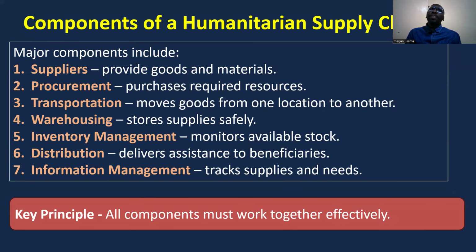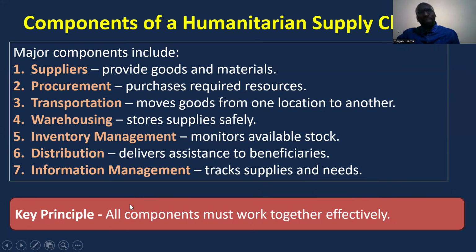The food supplies, do we have more or do we need to buy? Then distribution is about delivering assistance to beneficiaries. Then lastly, we have information management. It tracks supplies and needs. We need a system that is going to help us to track where the supplies are going.